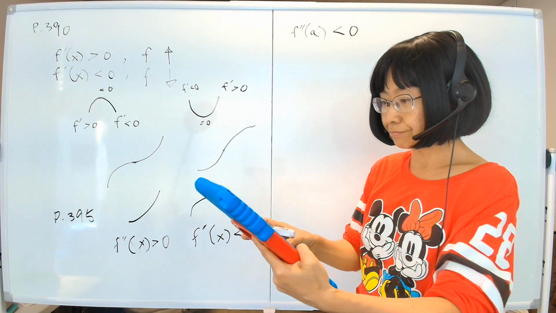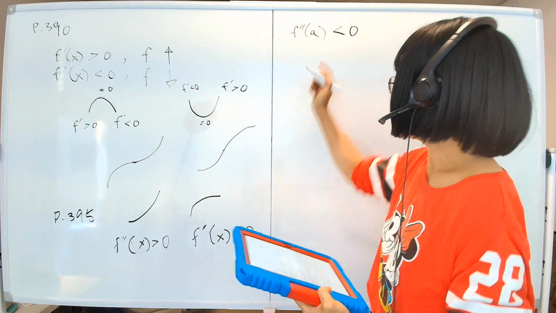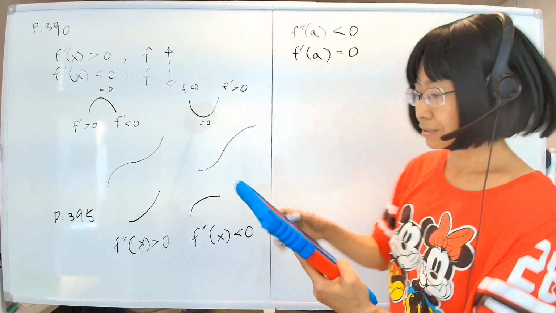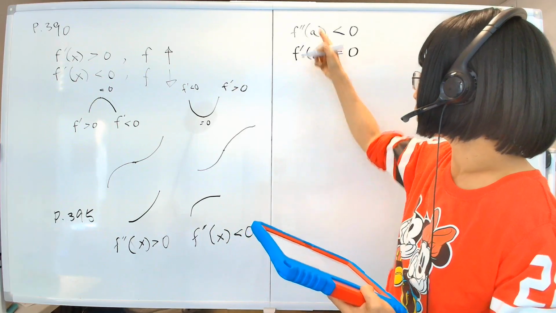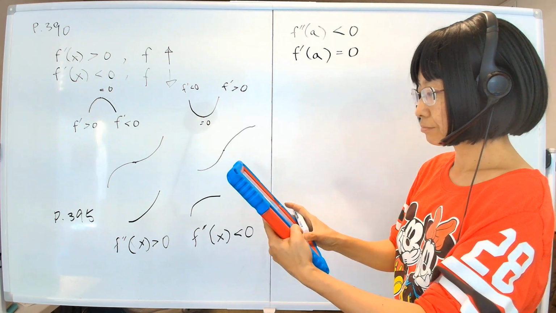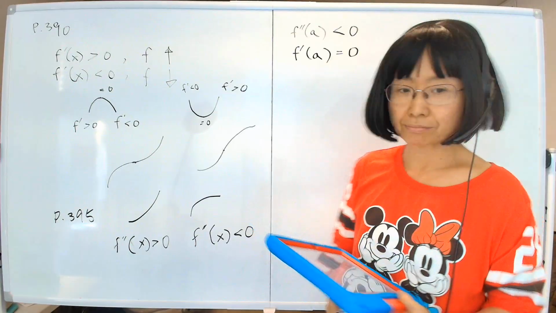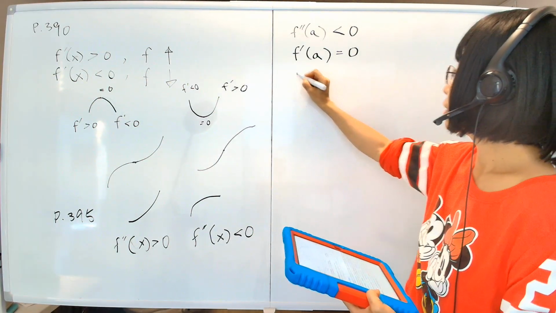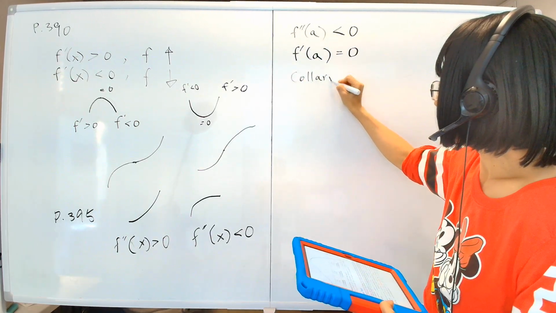And also f prime at a equals 0. That is, this is a critical point. And then that means that f prime is going to be, wait a second. By corollary 3, I will write that down.